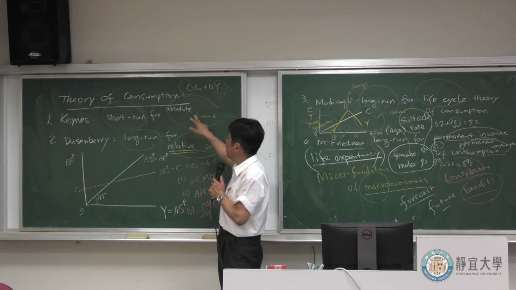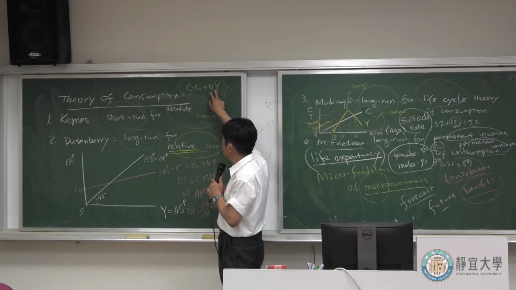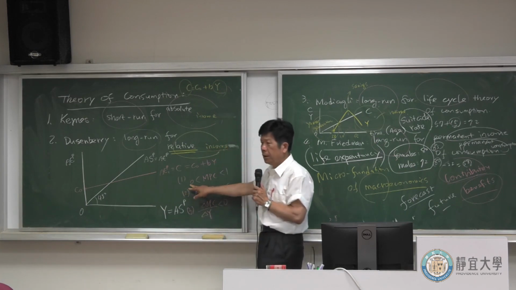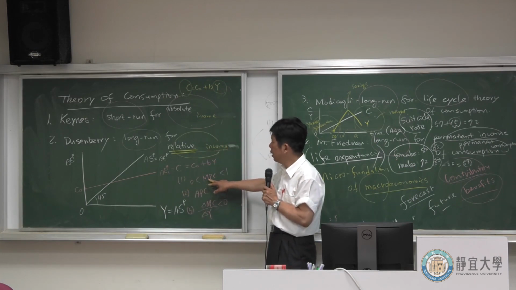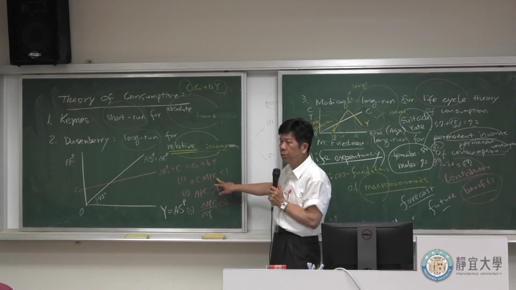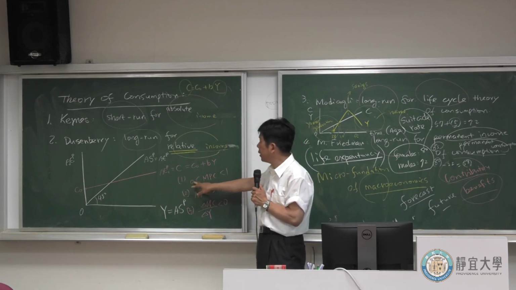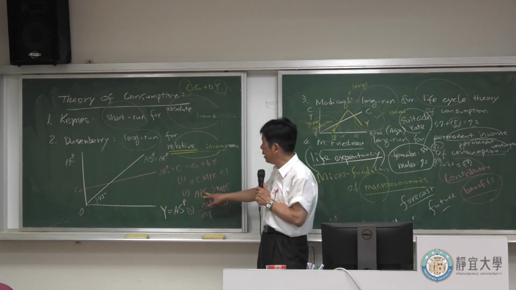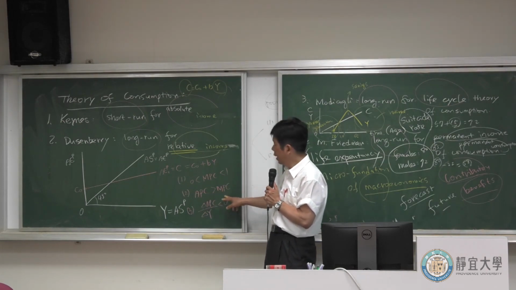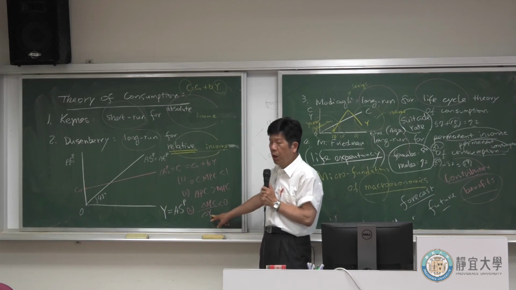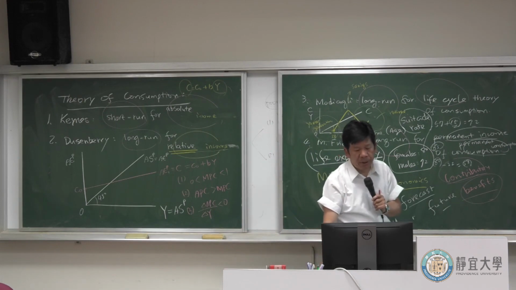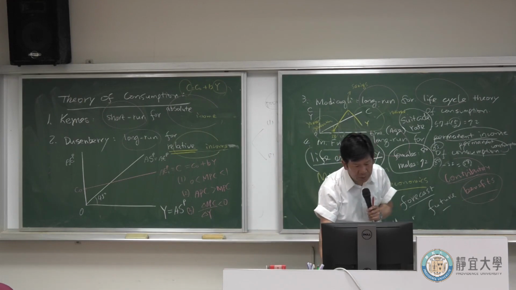Here the marginal propensity to consume is larger than 0 but less than 1. Then we can find that APC is larger than MPC, and when income increases, APC decreases.